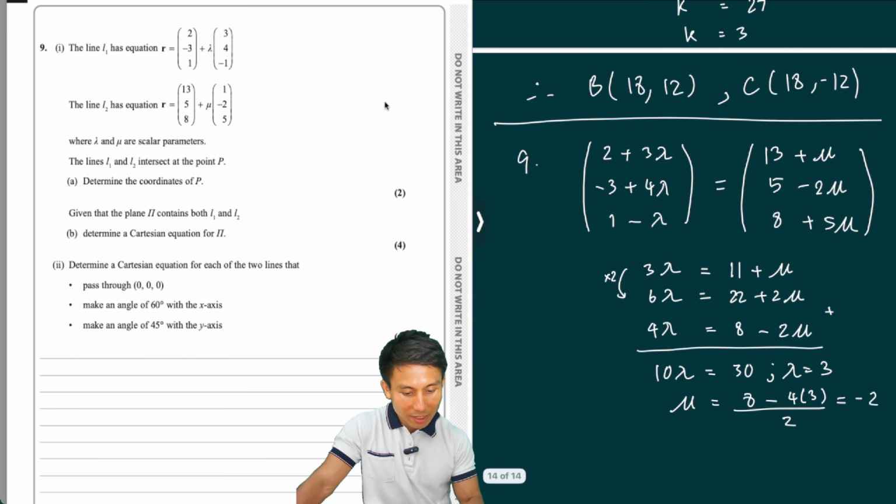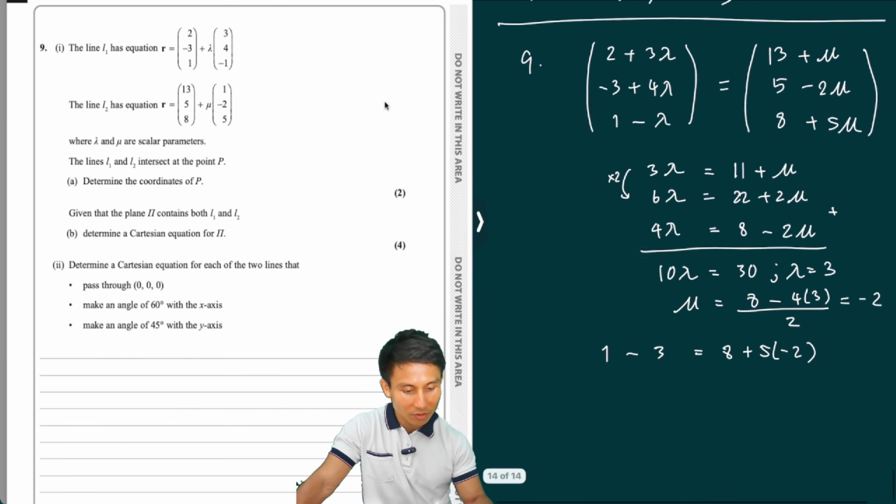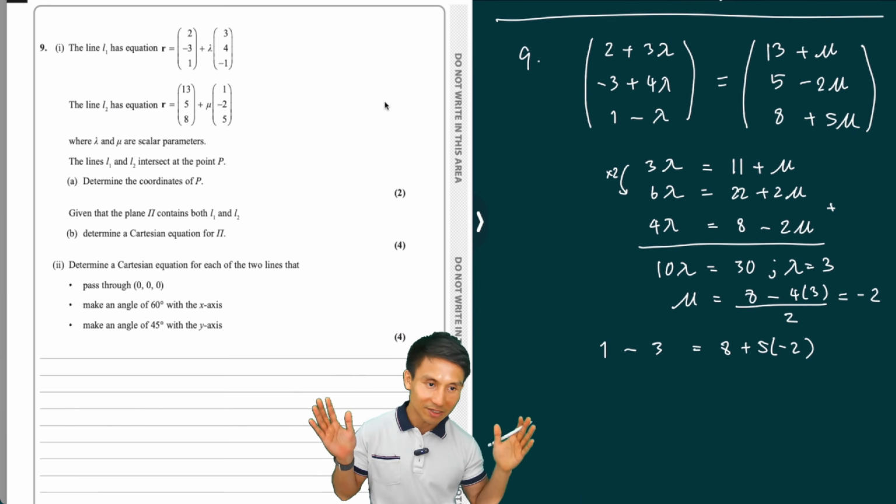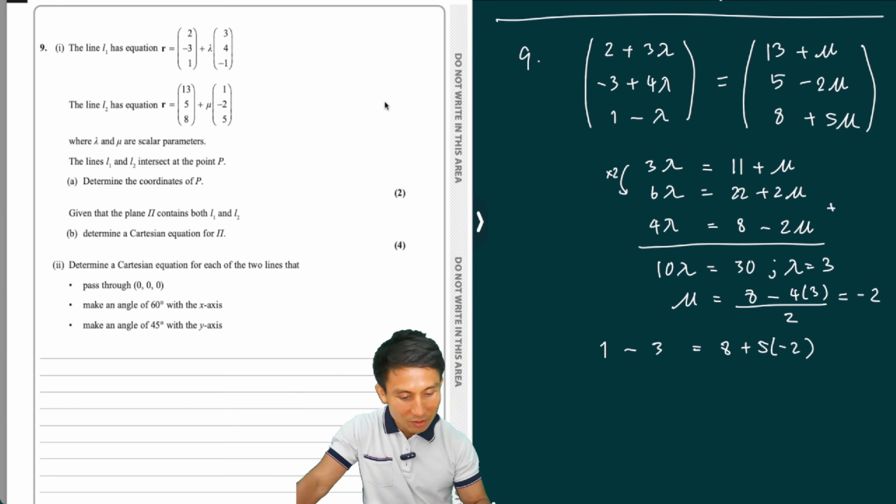And then if we plug it into the third equation, 1 minus lambda being 3 equals 8 plus 5 mu being minus 2. If the left and right hand sides are the same, then it's consistent, so it's valid. So this is minus 2 equals minus 2.